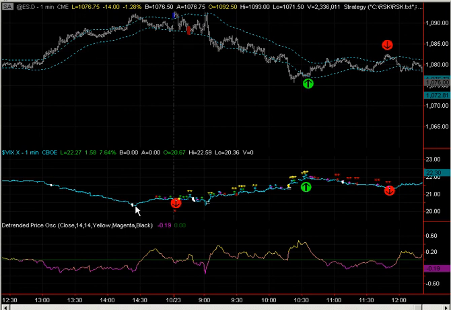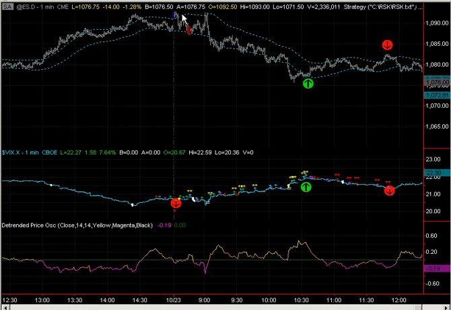But this morning, at the open, the Spoos went higher here. But look at where the VIX was. The VIX was at a higher low. That's a type 3 divergence. And as a result, a short trade.